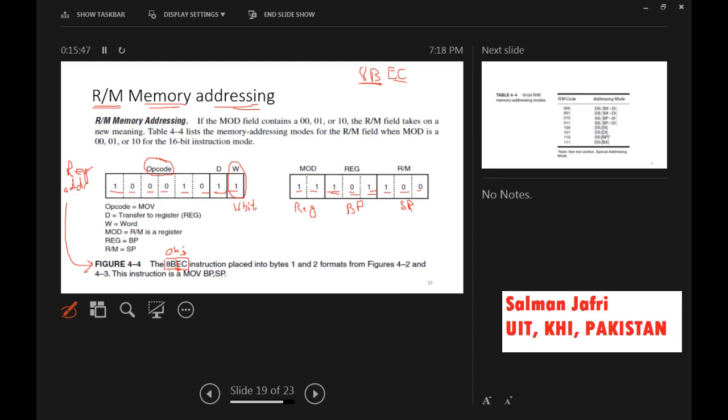and now D is 1. Since D is 1, data is flowing out from R/M. So when data is flowing out from R/M, our instruction now, this is basically the opcode for move.